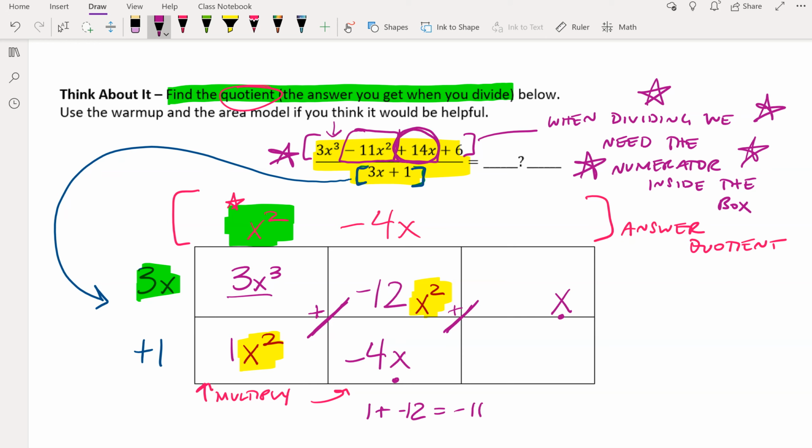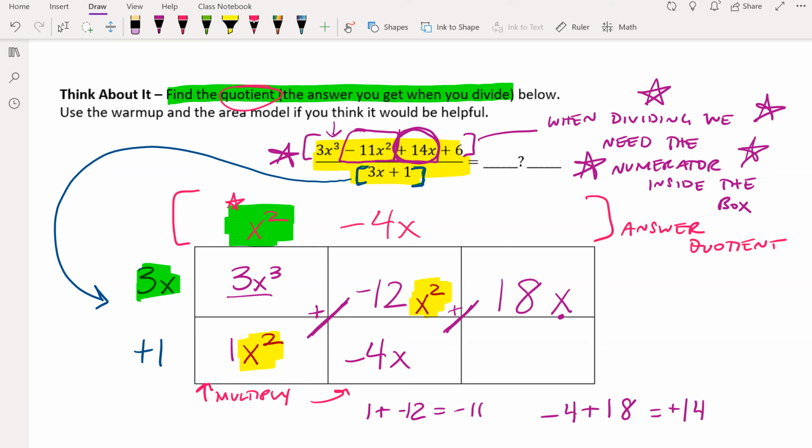Positive 14x. So this negative 4 right here, and whatever is right here, has to add to positive 14. So negative 4 and what number would add to positive 14? I'm going to say 18 because negative 4 plus 18 gives me positive 14. So that's how I know 18 goes there.